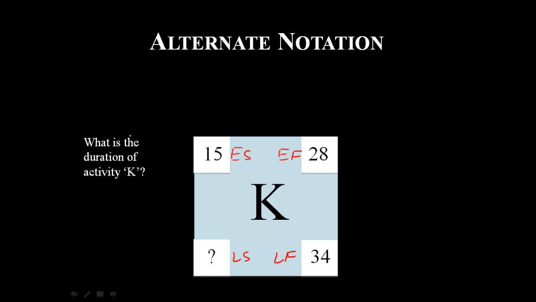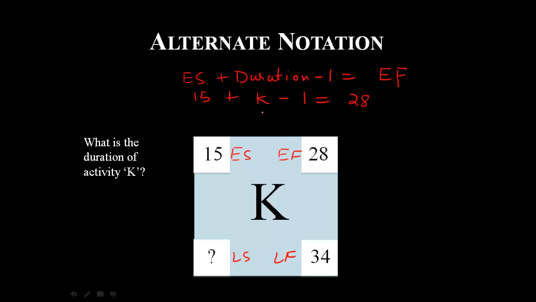We need to find the duration of activity K. If you remember, we have a formula: early start plus the duration minus 1 is equal to early finish. We know the early start, it is given to us as 15, plus duration K, minus 1. Early finish is also given to us, which is 28.